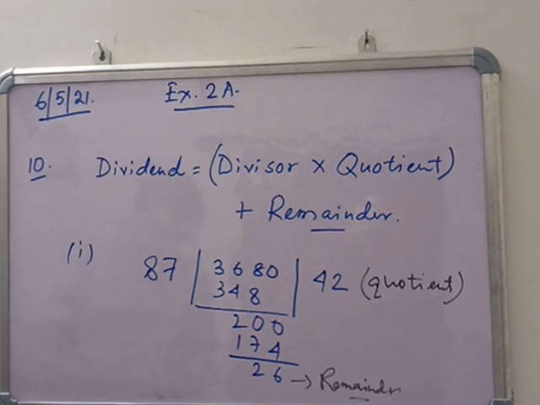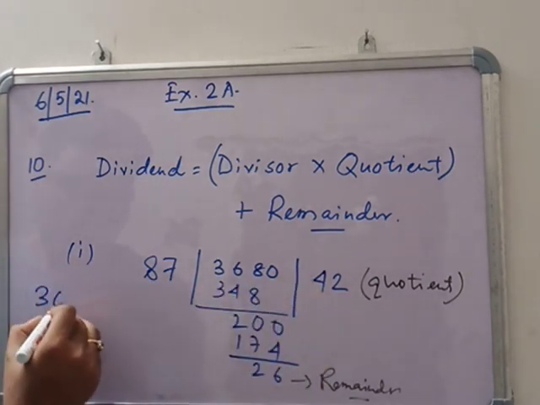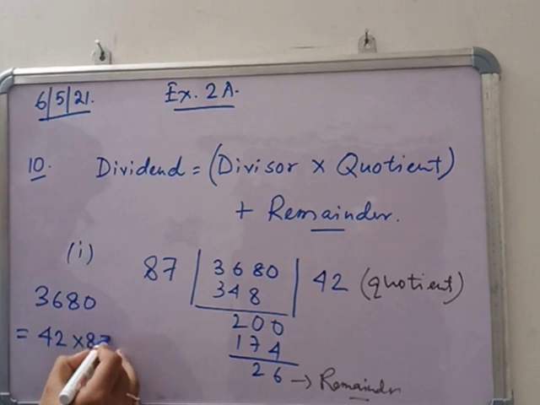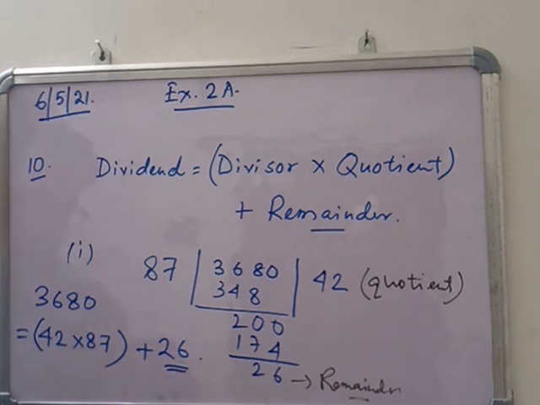So we can write here 3680 equals 42 into 87 plus 26, where 26 is the remainder and 42 is the quotient. The same process for the other two also. Do it at home. Okay. Next one.